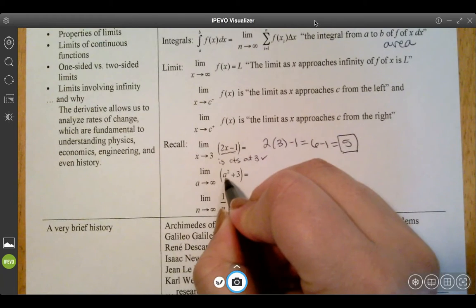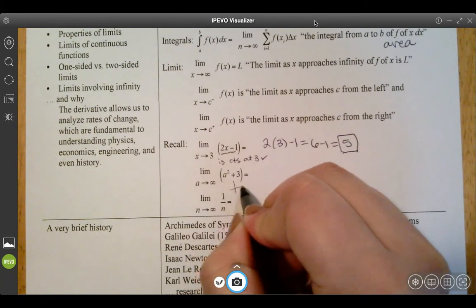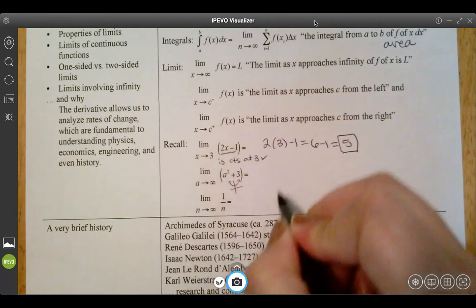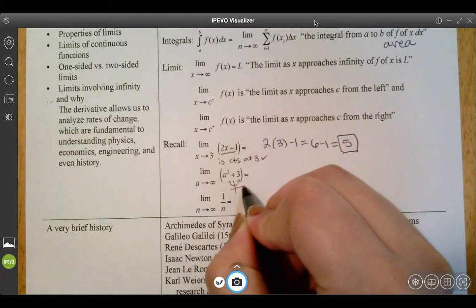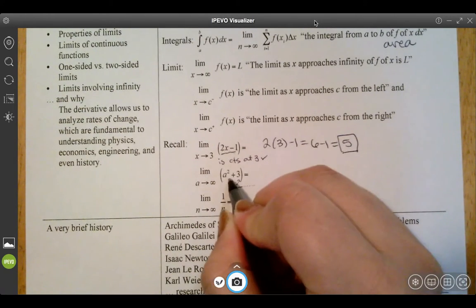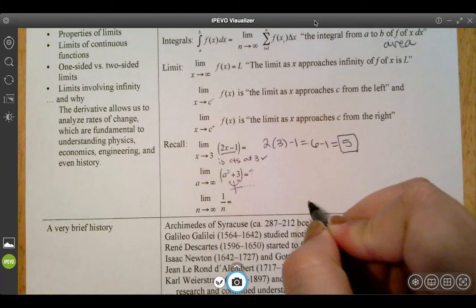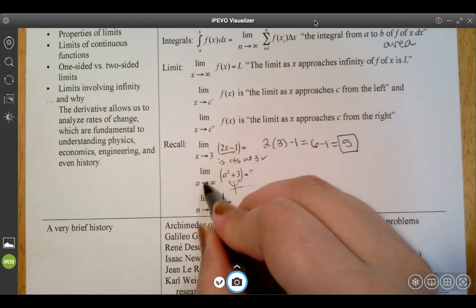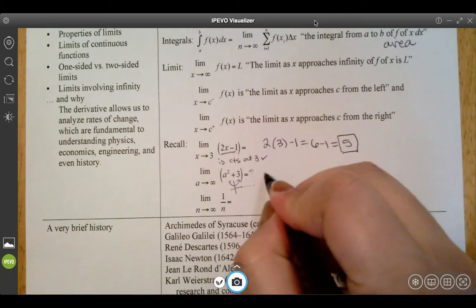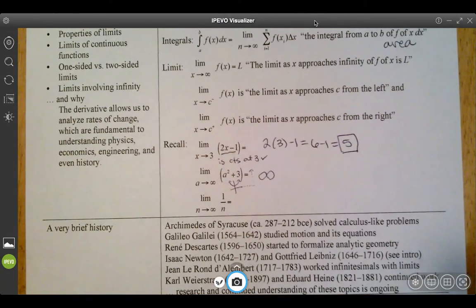So if we look at the graph here, a squared plus 3 is a parabola, and as a approaches infinity, f of x, or the function value, is getting higher and higher. And therefore we can say the limit as a approaches infinity is infinity.